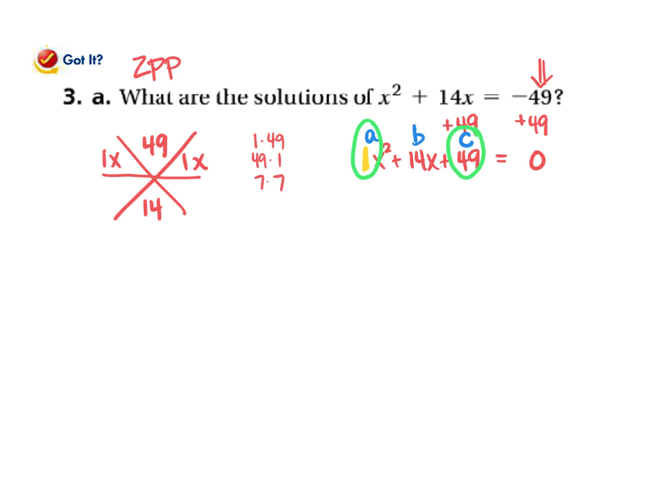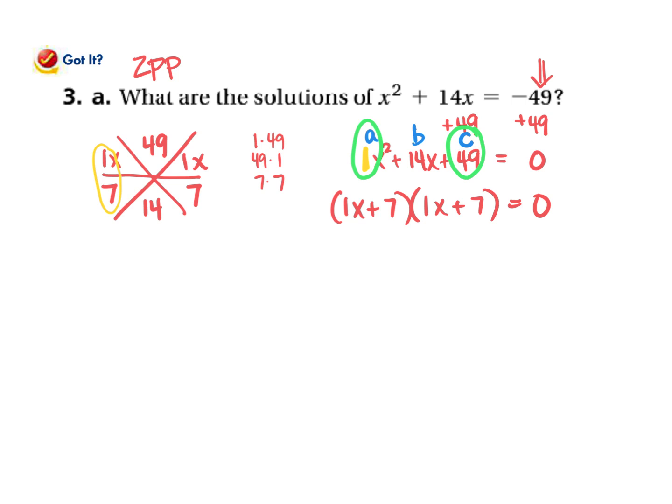Those are the only ways. And so 7 and 7 is what we're going to choose to make this work. When we look at the 1 compared to the 7, that's not reducible. So 1x plus 7 is the first factor, and 1x plus 7 is also the second factor.